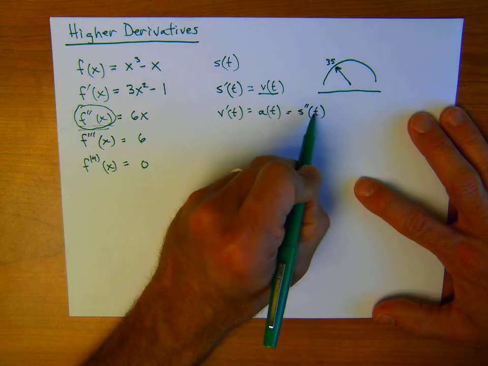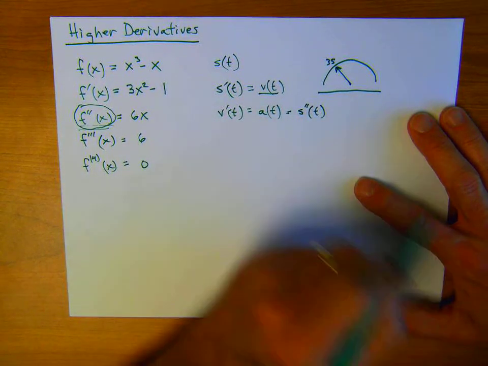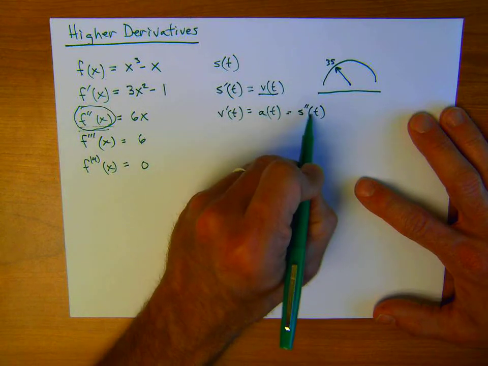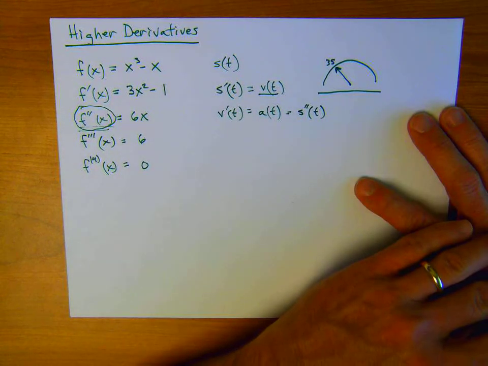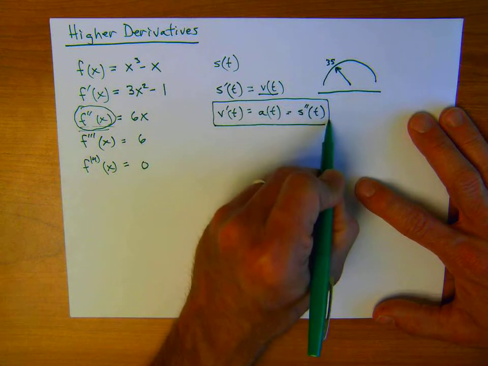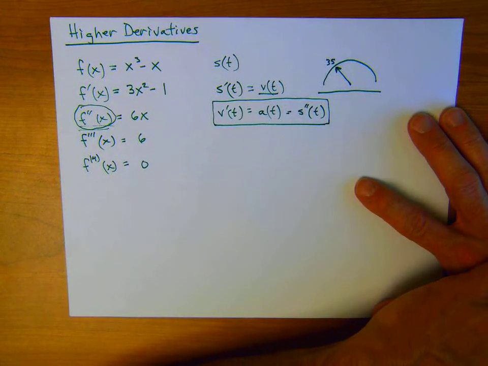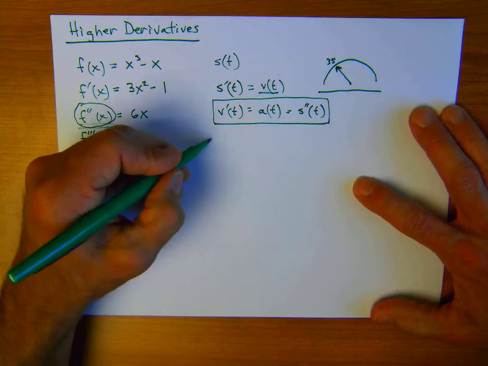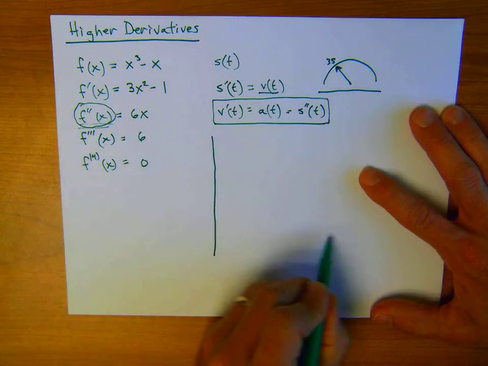It's the rate of change of the rate of change of distance with respect to time. Thinking about it this way hopefully gives you a way to wrap your head around what that means.